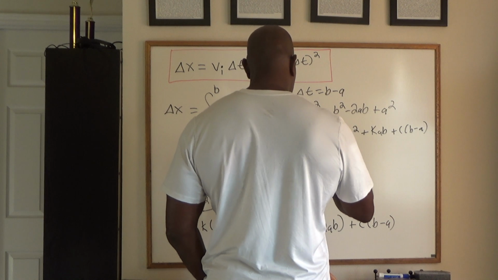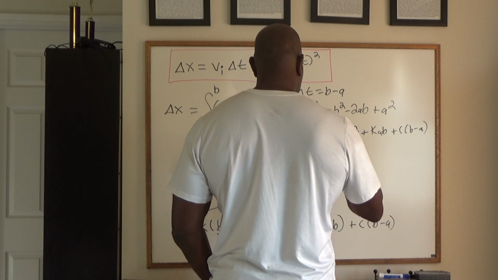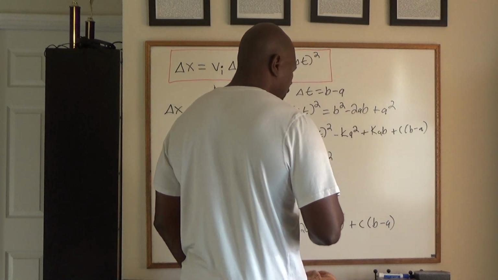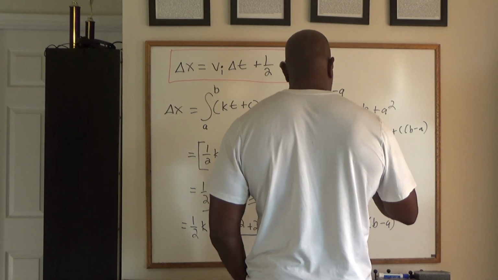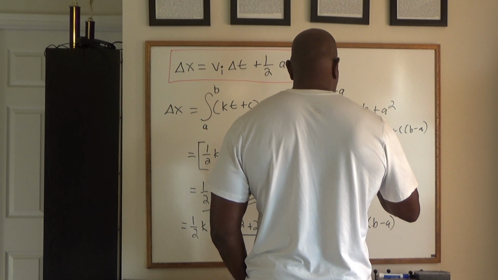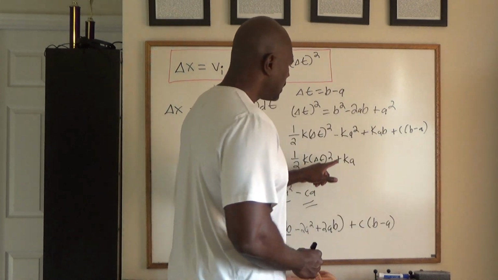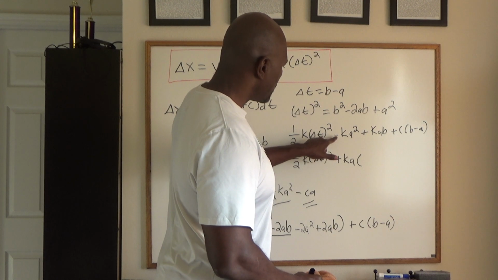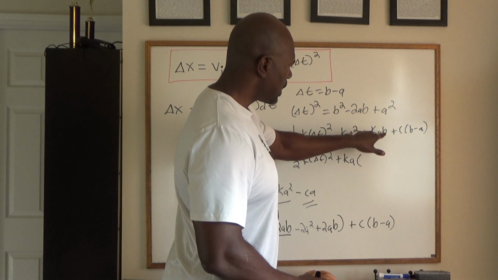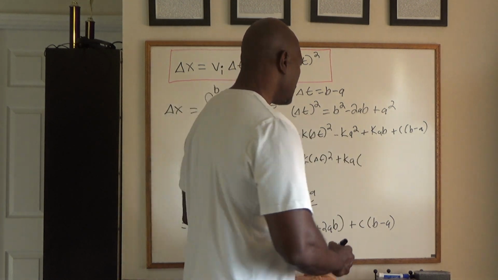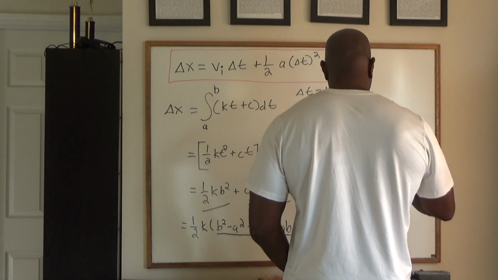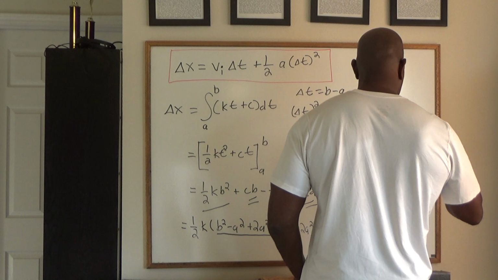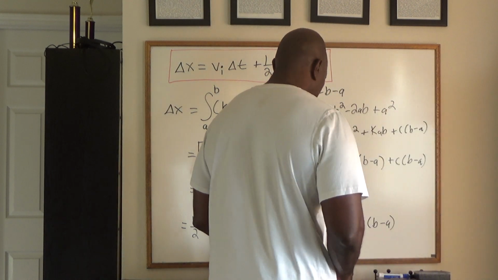So 1/2 k times delta t squared. And I'm going to factor out a positive ka. So plus ka. So you see, when I factor out positive ka, I'm going to be left with minus a and positive b. So I'm going to write that as b minus a times b minus a plus c times b minus a.